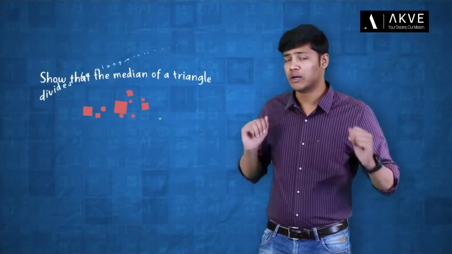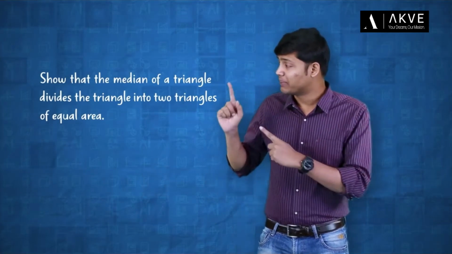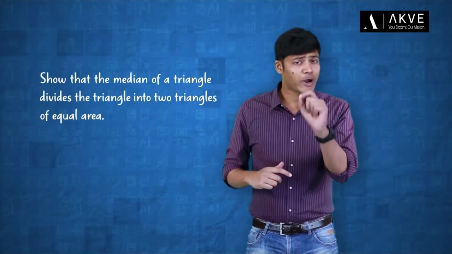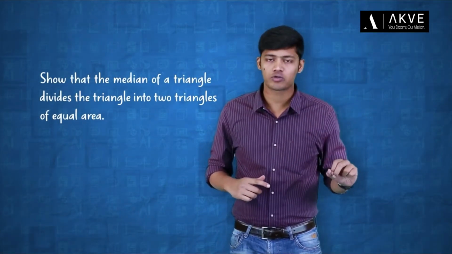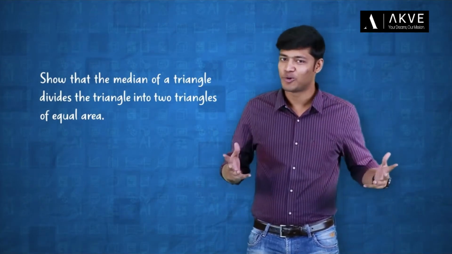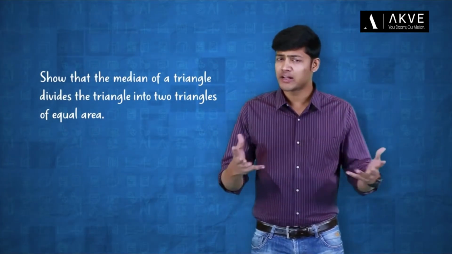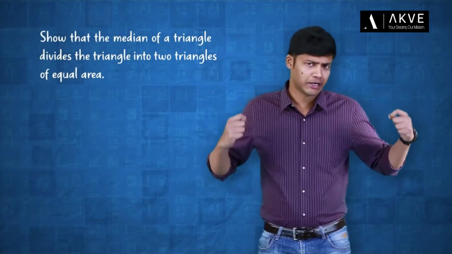Now, let's check our understanding of the concepts we discussed today by solving a simple problem. In this problem, we have to show that the median of a triangle divides the triangle into two triangles of equal area. So, let's do it. Friends, first of all, what is a median?